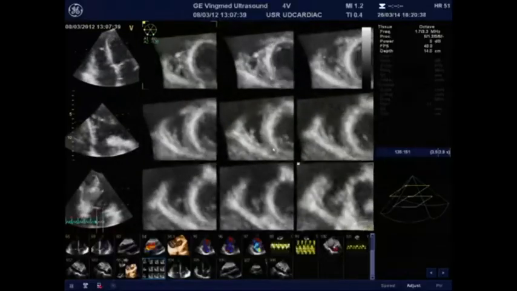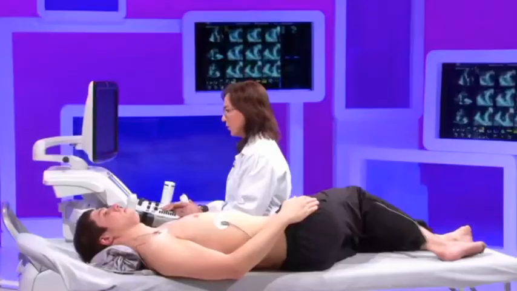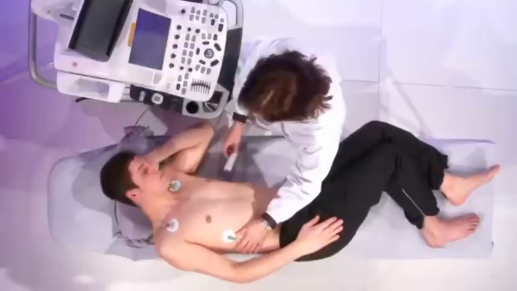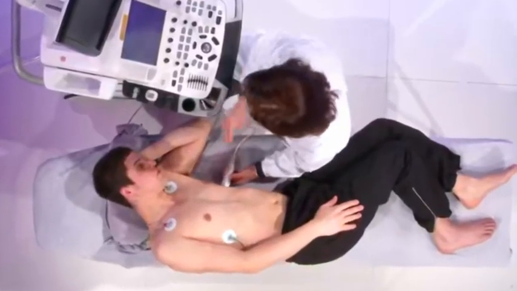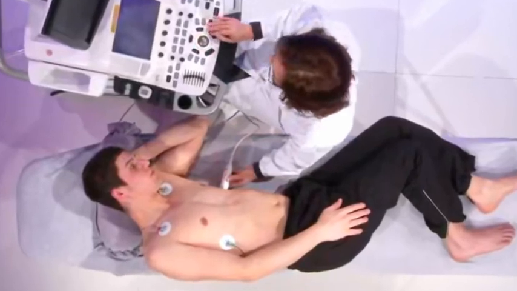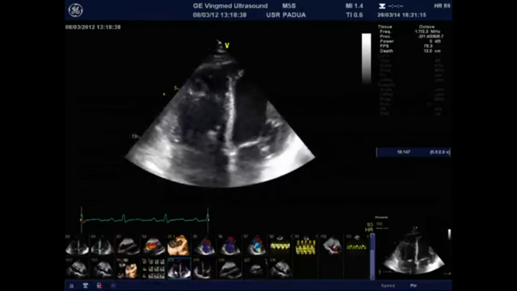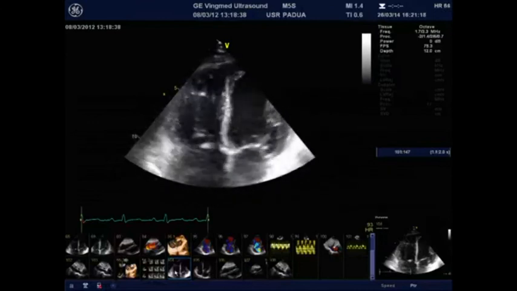We cannot perform the quantitation on the machine. We need to export the data and quantitate it offline with the dedicated software in order to obtain the volumes and ejection fraction. If we don't have a 3D scanner, we can also assess the areas and the fractional area change of the right ventricle. So from a 4-chamber view, you need to obtain a focused view of the right ventricle and optimize the image quality in order to have a better delineation of the endocardium.